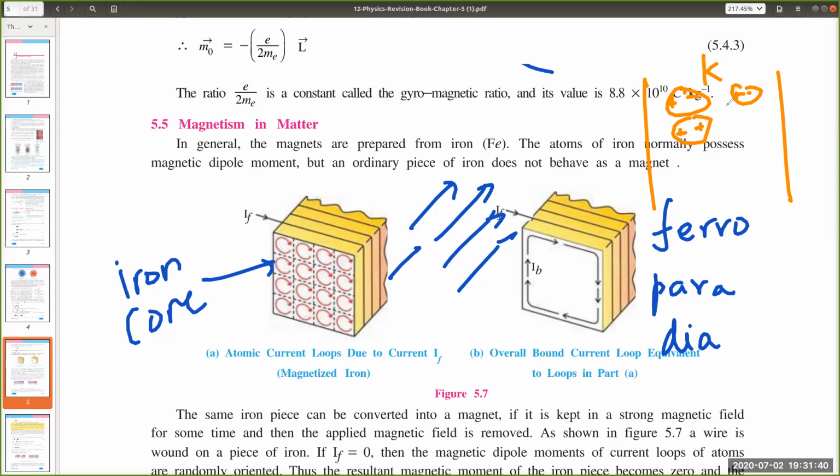If you take a sphere and induce positive charge on one side and negative charge on the other side, these dipoles were initially random in nature, but now they can align themselves. So the better alignment means a larger value of K, right? Why do these dipoles align? Because there is an external electric field, right?